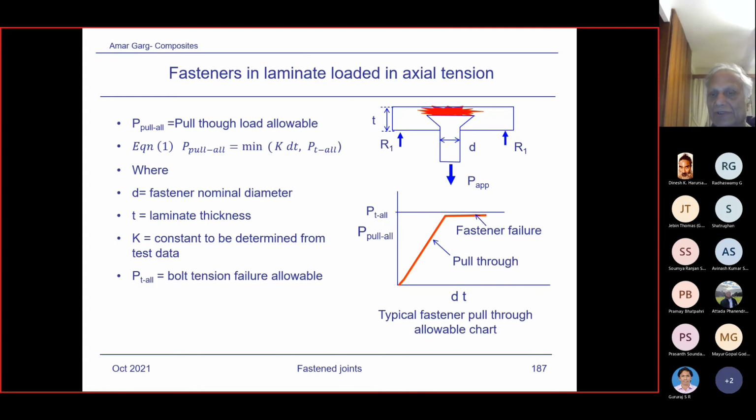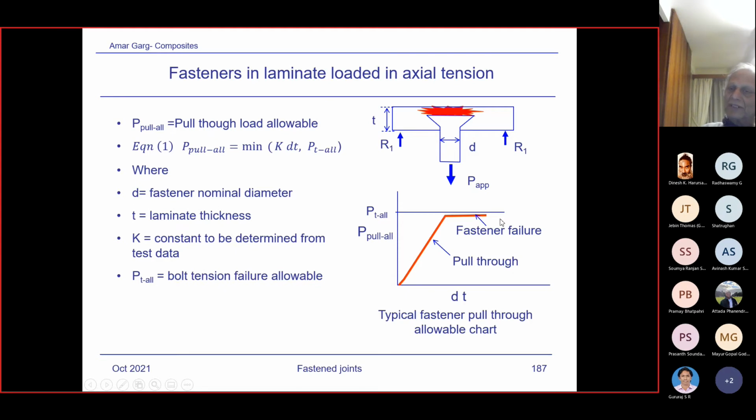Okay, now when we prepare the charts, there are various failure scenarios, as I said. The fastener can pull out through the laminate, or if the laminate is very thick, the fastener may fail at the head or the collar. Generally, when we prepare the data allowable, we can write that allowable as a function of dt, diameter times thickness, and say for smaller loads, small thicknesses, it may be just a linear behavior.